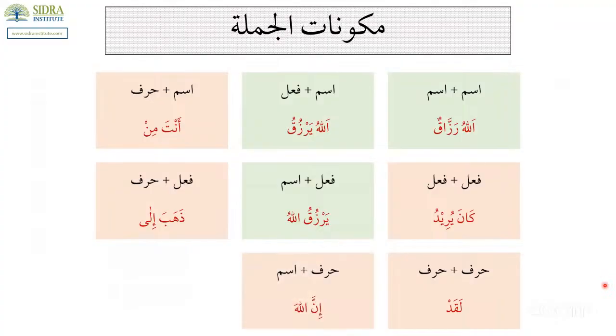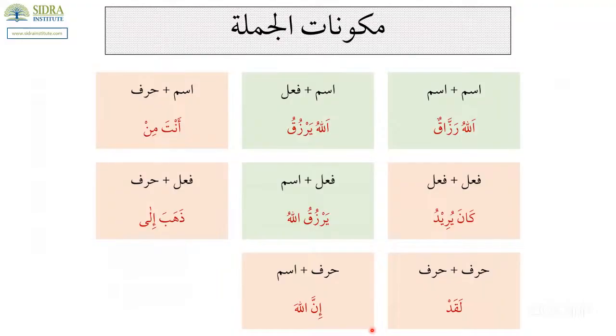Next combination, can we have a complete sentence with the structure of a particle and a noun? So inna Allah, indeed Allah. No, incomplete. So inna is harfu tawkidin wa nasbin, or also known as harfun mushabbahun bi fi'lin. It's a particle of reinforcing, or a particle which resembles a verb, in other words, inna suggests certainty.